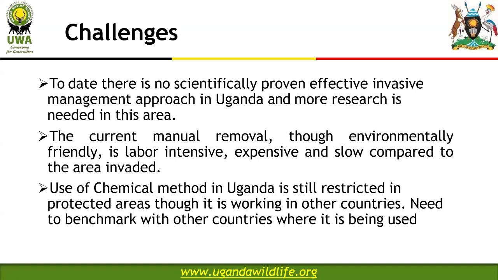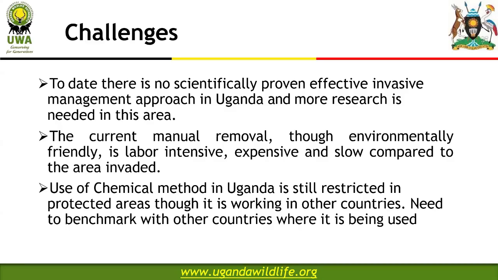The last challenge is that the use of chemical methods in Uganda is still restricted by law. And now that we are talking of chemical, we need to do a lot of studies in the soils and in the plants, and see if we can convince our government to allow us to use it.